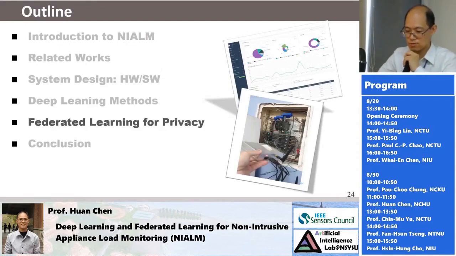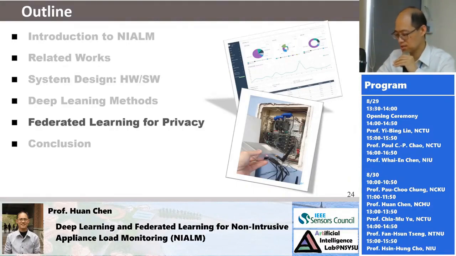Okay, I will go to the next session. The second part of my talk is about federated learning. When privacy is a concern, the original deep learning data is a big challenge because nobody wants to share their data due to privacy issues. In this situation, Google developed a new framework called Federated Learning in 2016.